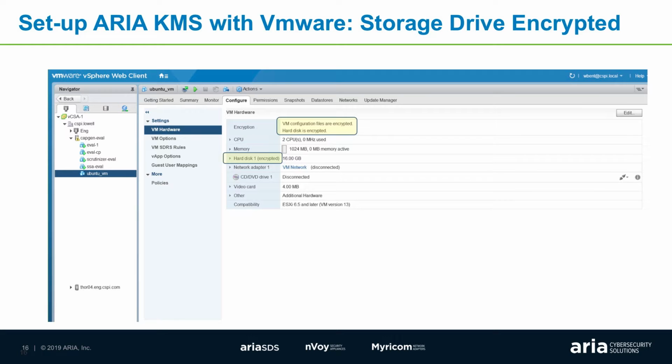In this case, showing that all of the configuration files are encrypted, the VM is encrypted, and the hard disk is encrypted as well. Now, this could be happening in parallel with multiple VMs requesting keys at multiple times due to the scale of the capabilities of the key management server solution that we're providing.